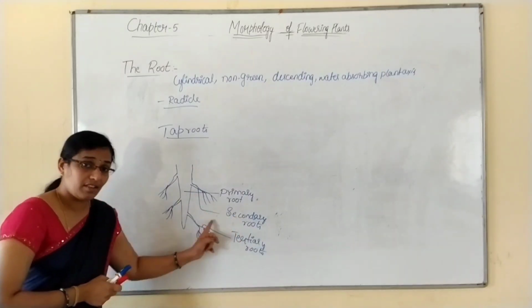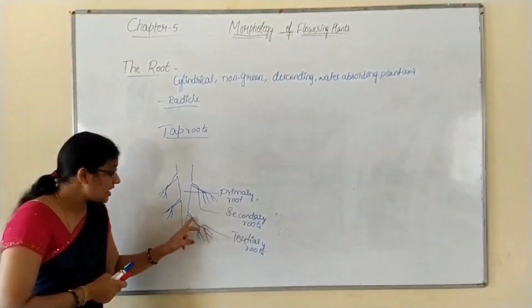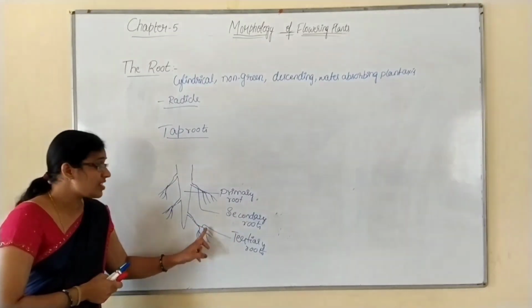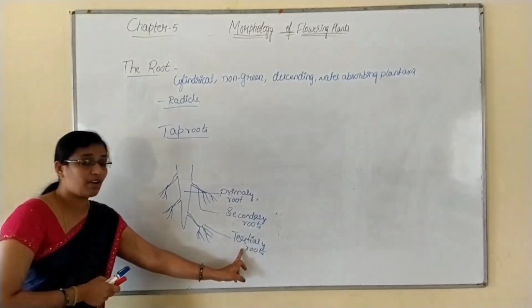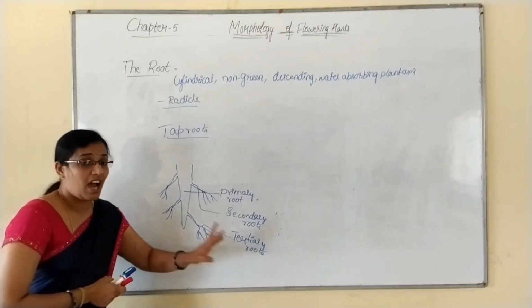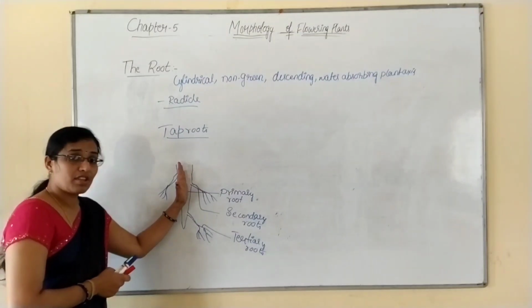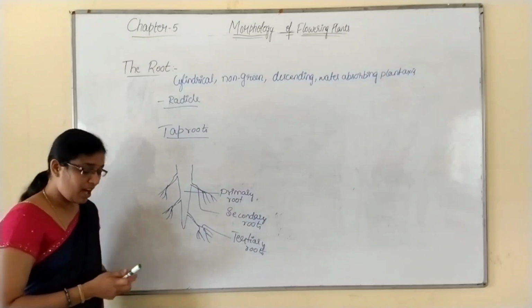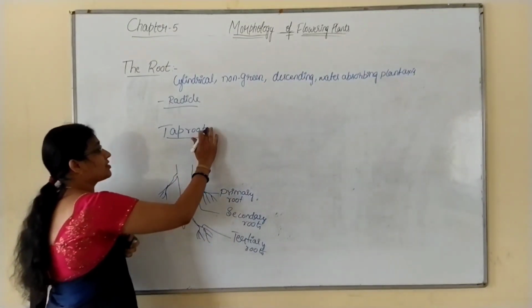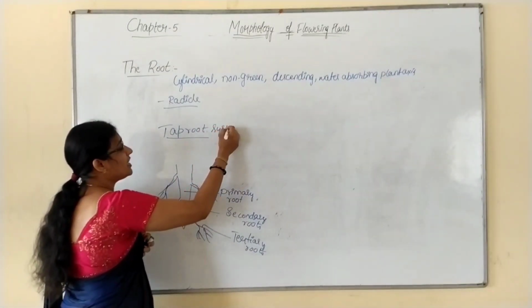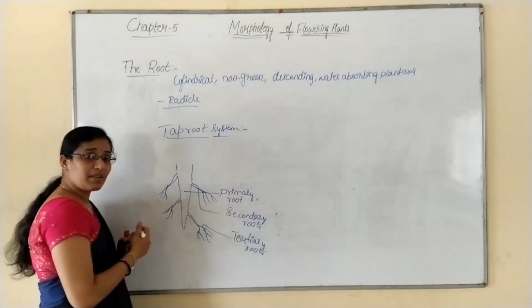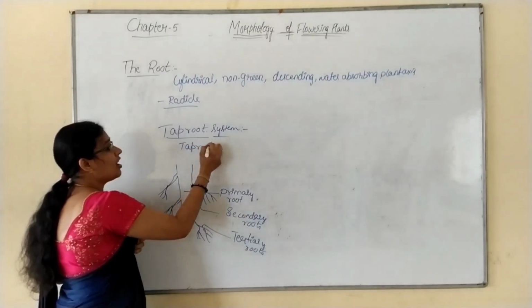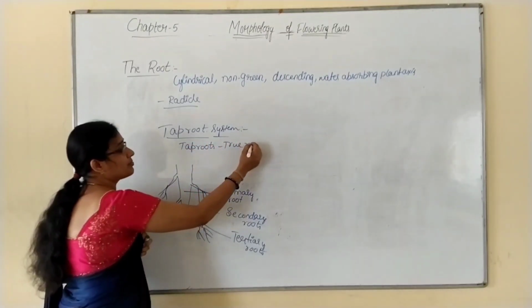Again, the secondary roots in turn undergo branching, and those branches which arise from the secondary roots are called taproots.